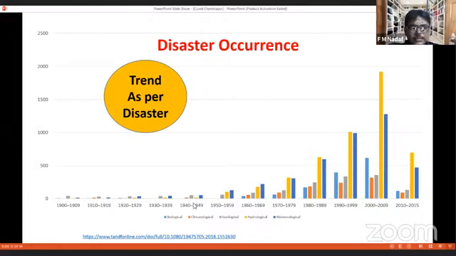But they were there, meaning it does not mean that these disasters were not there. They were there, but the number of disasters was very few. But if you compare from 1960, not only has the number of disasters increased, but there is a higher frequency of meteorological, hydrological, geological disasters. So this is the present scenario. So again, we have more concentration of these disasters.